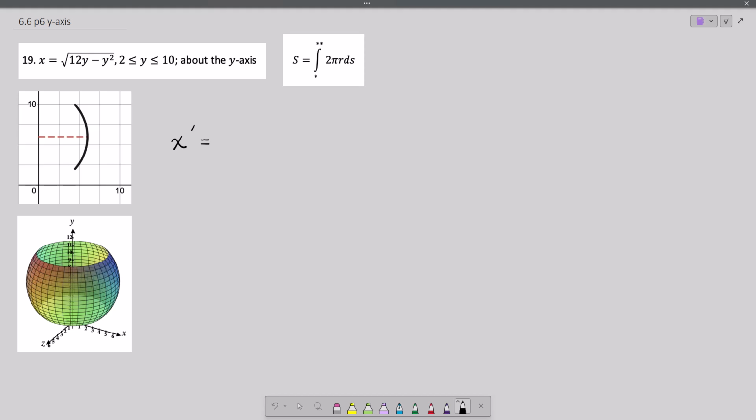Chain rule. So chain rule says you have to multiply by the derivative of the base. The base of an exponential expression is what's down below. So the base of this exponential expression is 12y minus y squared.